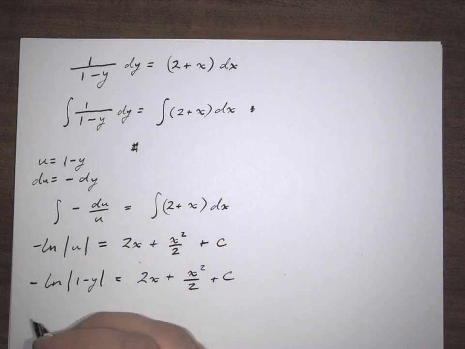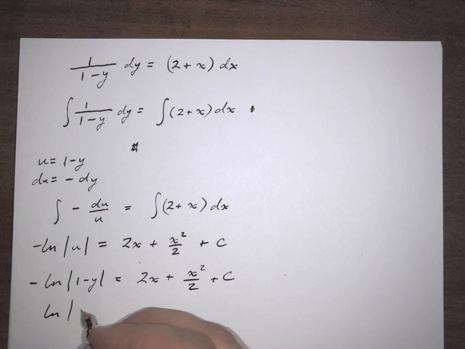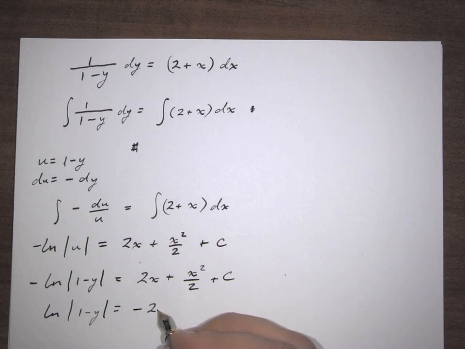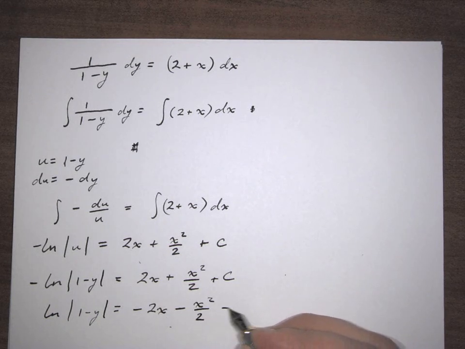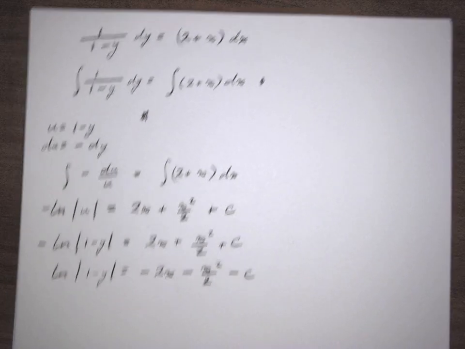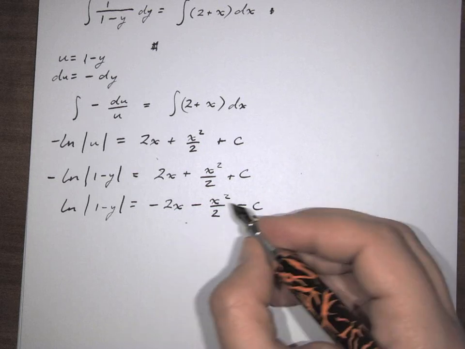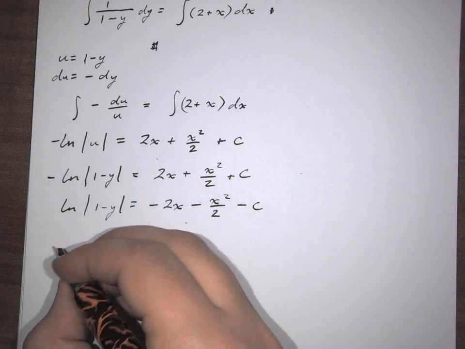Then we can multiply both sides by negative 1, and get the natural log of 1 minus y equals negative 2x minus x squared over 2 minus c. And there's no point in even bothering with a change of notation for a constant that has just become negative.